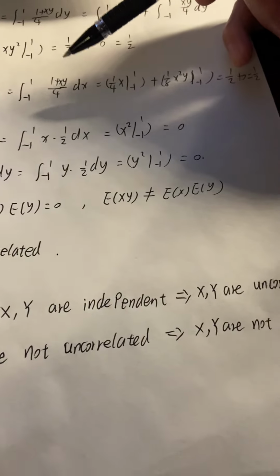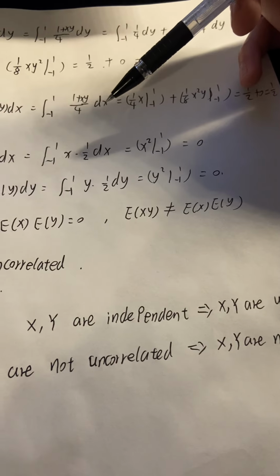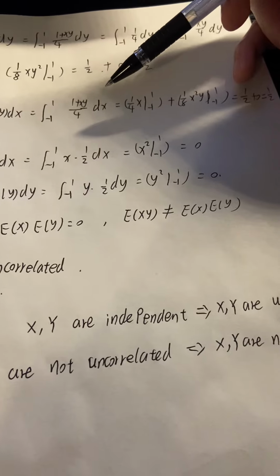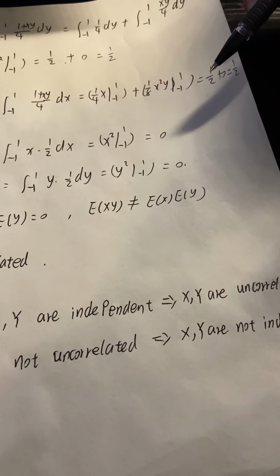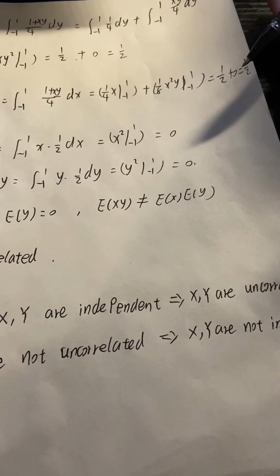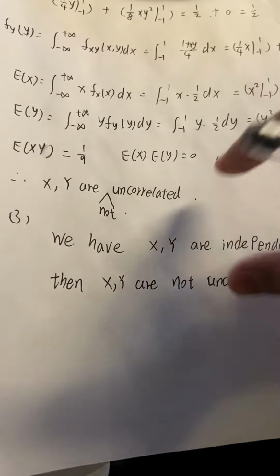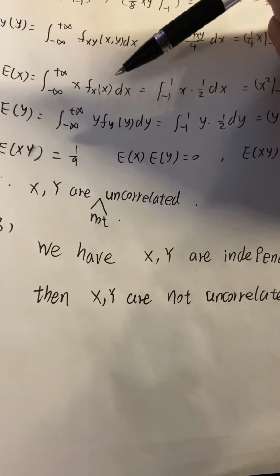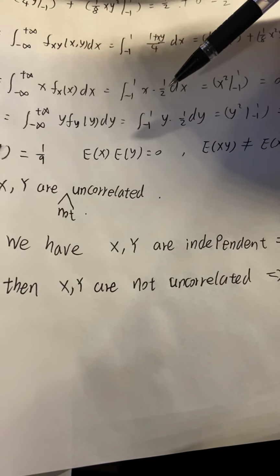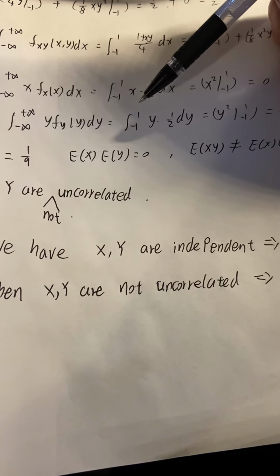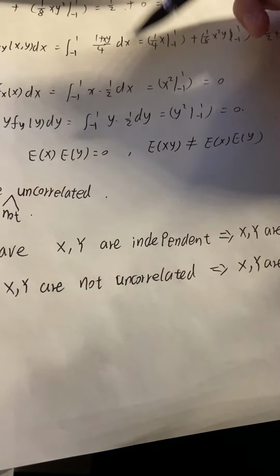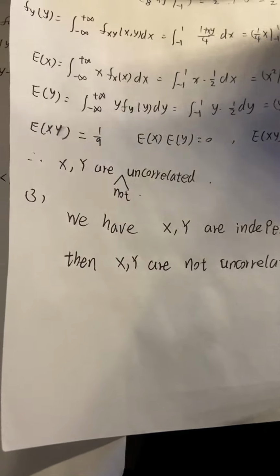We also rewrite it as two terms. The first term is 1/2, and the second term is 0. So the final result will be 1/2. So for E of Y, it will be the integral, where y is from -1 to 1, of y times 1/2 dy. So it is also 0.